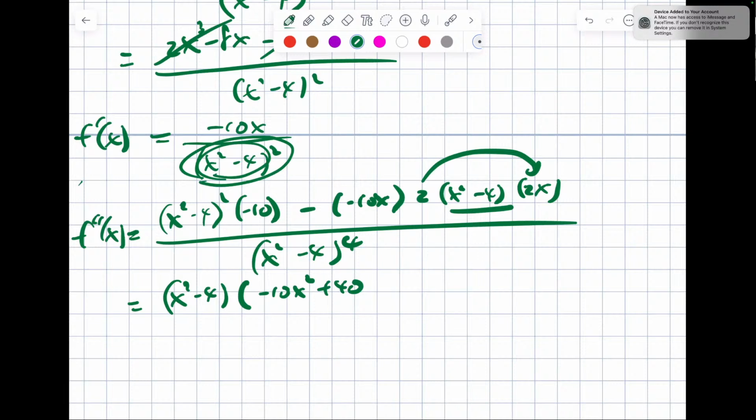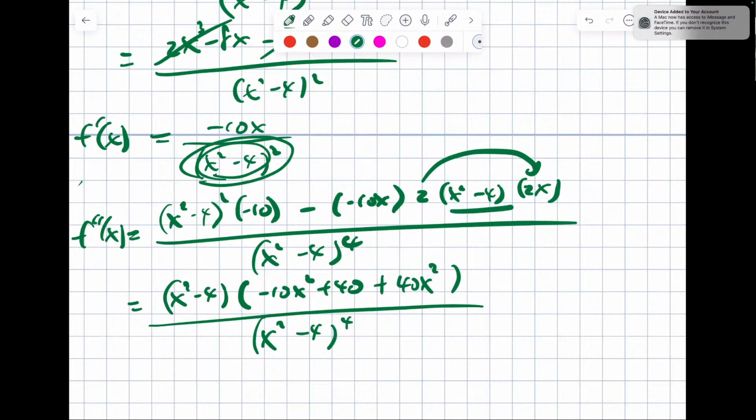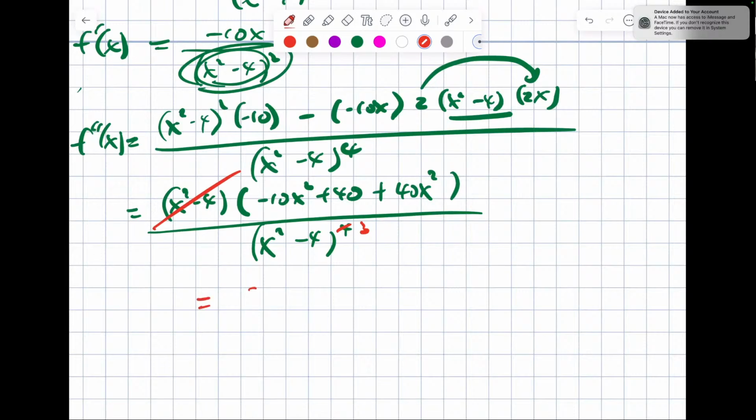So negative 10x squared plus 40, 2 times 2x is going to be plus 40x squared over x squared minus 4 to the 4th. So I will cancel this out, that would be 3. That's equal to 30x squared plus 40 over x squared minus 4 to the 3rd.